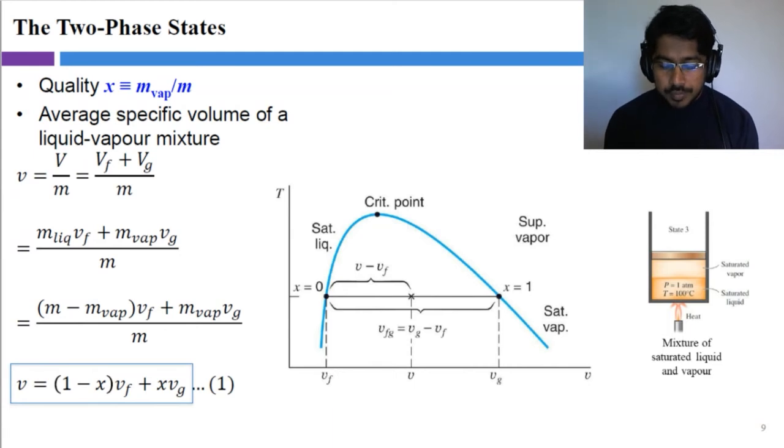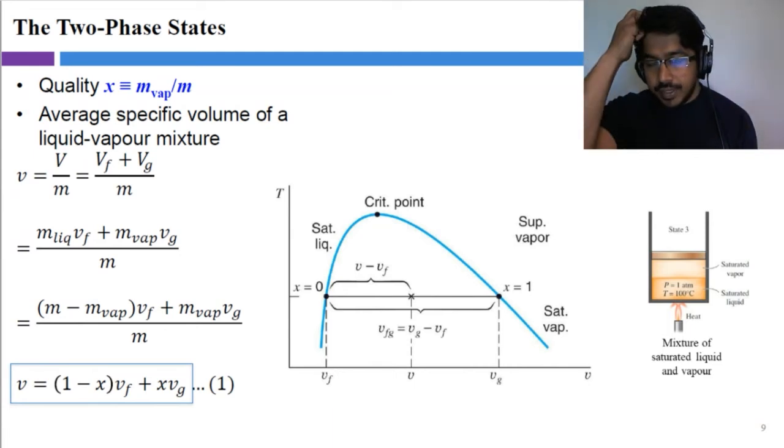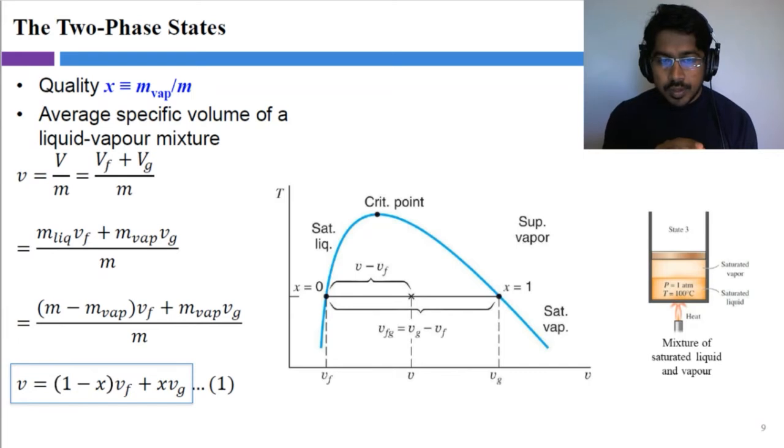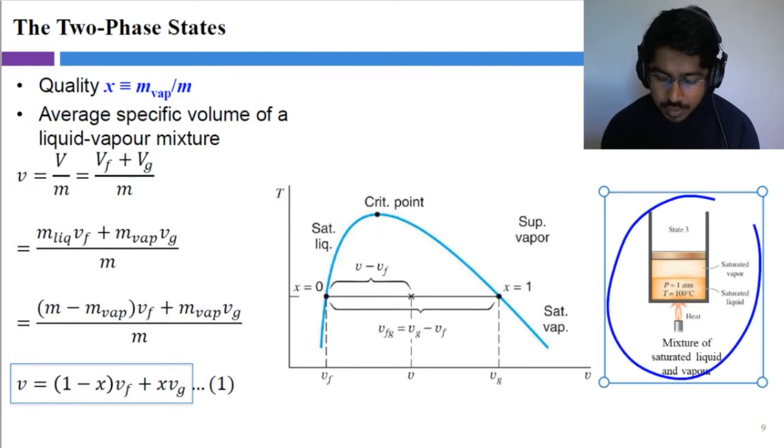You remember in TV and PV diagrams, we had a dome-shaped region where we marked our saturated liquid line, saturated vapor line and critical point. And we said that inside this region, it is the liquid plus vapor region. So basically you have liquid and vapor as a mixture, as you see in this figure here, right?